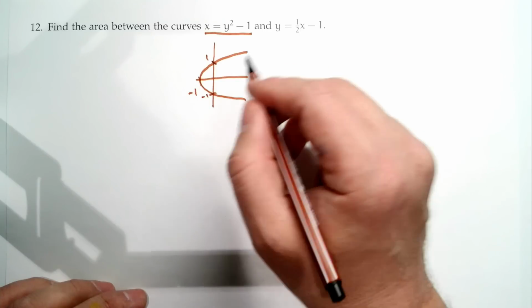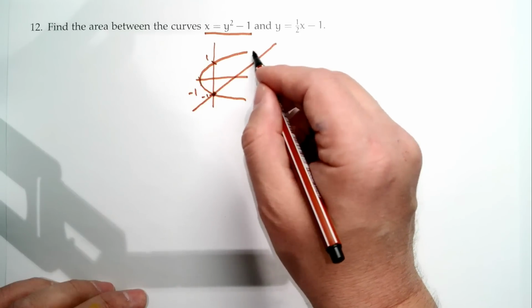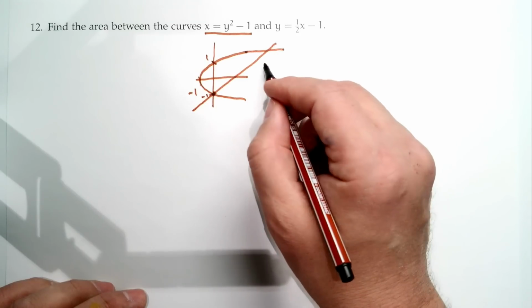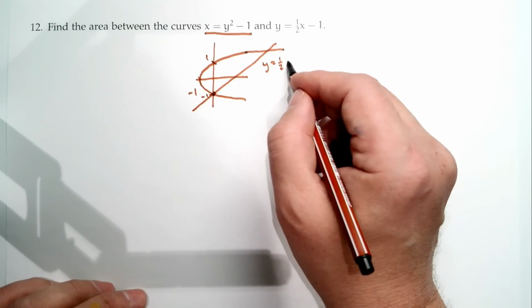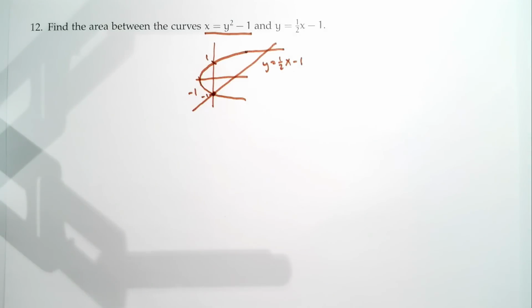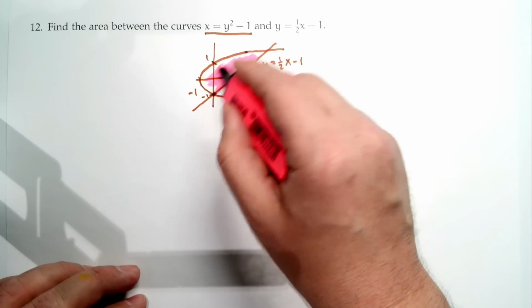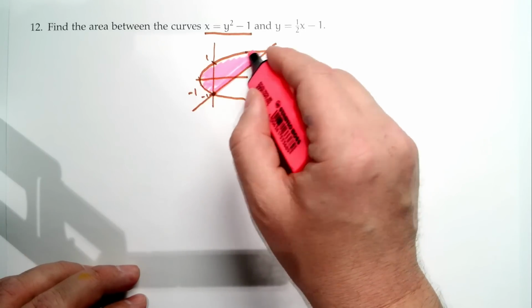The line hits at negative 1, then it just has a slope of 1/2. So here's this curve, y equals 1/2 x minus 1. We are looking for the area between the curves, which is this piece right here. That's the area we're after.